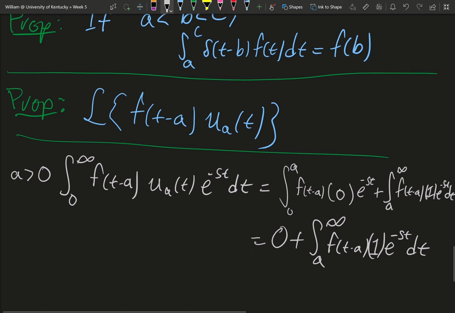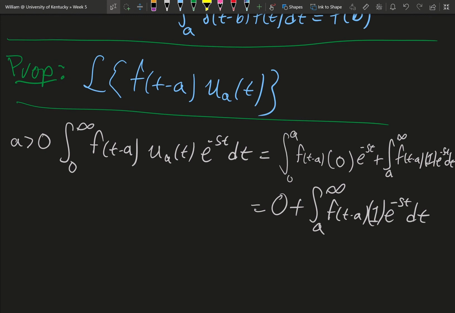Okay, so what we are going to do next is multiply and divide by e to the as. So we can treat that as a constant for the purposes of the integral.